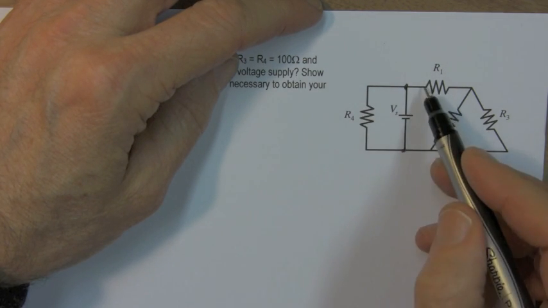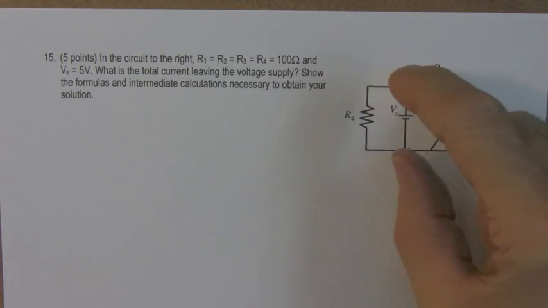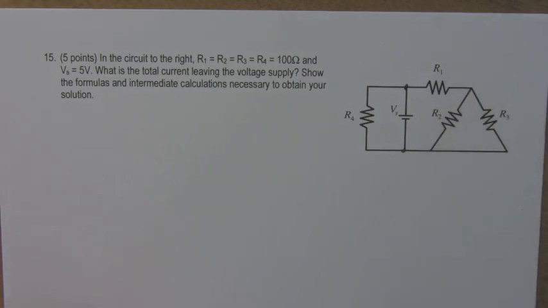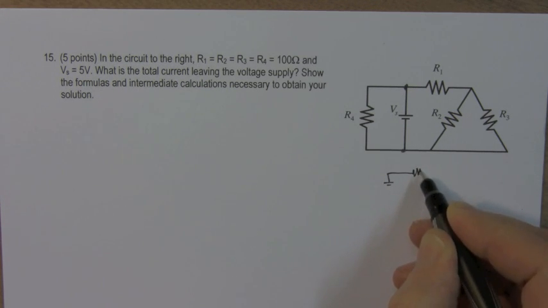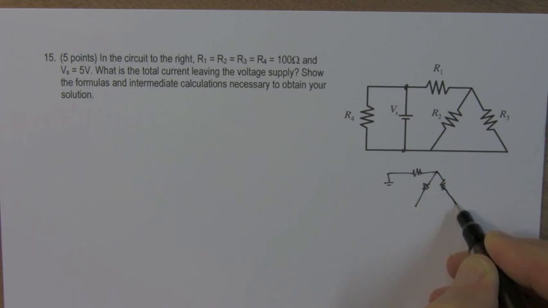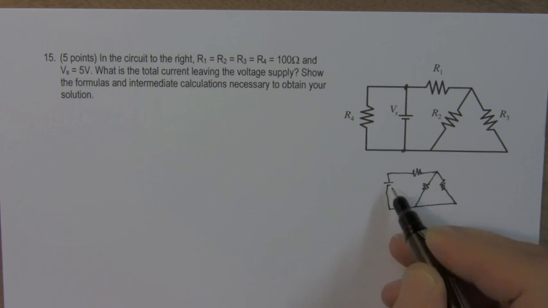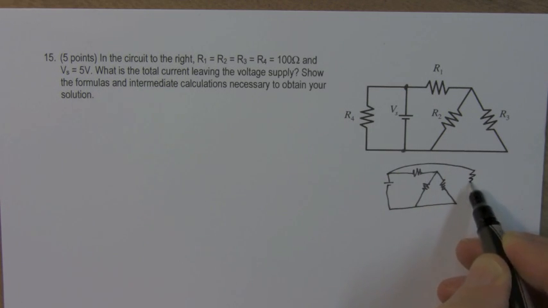This resistor is in parallel with these guys, so I could take this wire and fold it around so that it looks something like this. I won't bother labeling the resistance values. I could fold it around so that it looks like this instead.